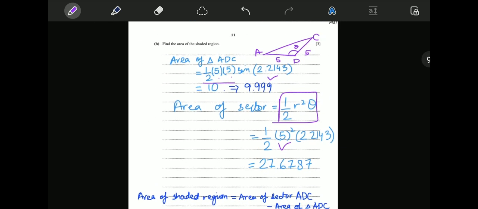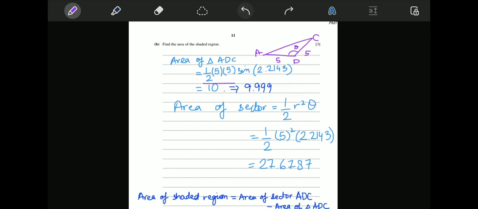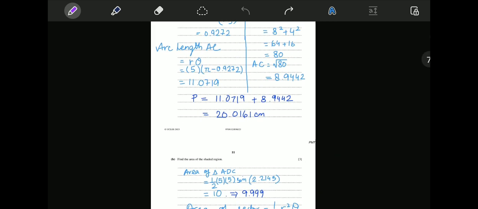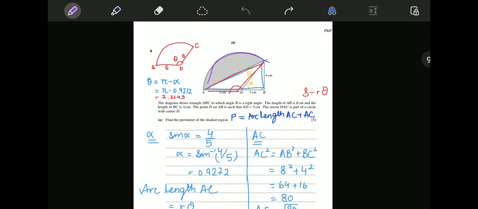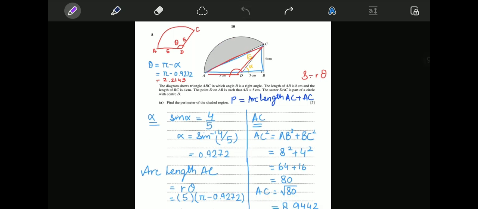So we got the area of the sector, we got the area of the triangle. Now we can simply subtract them, because we knew that the area of this shaded region was the area of the sector minus the area of the triangle.